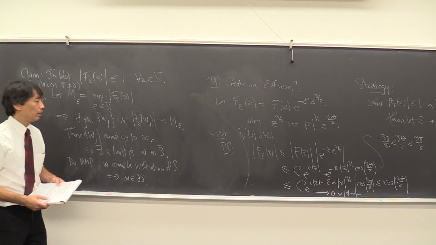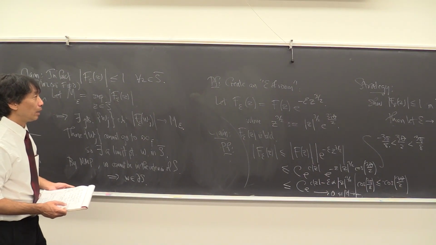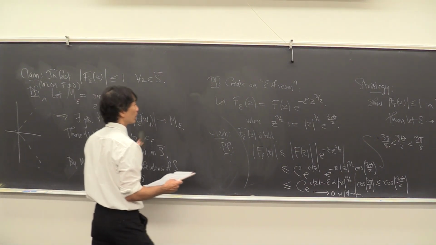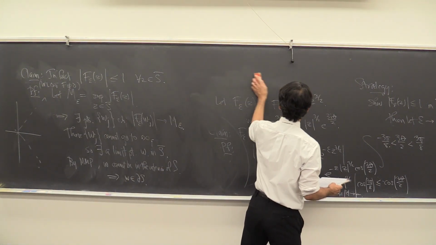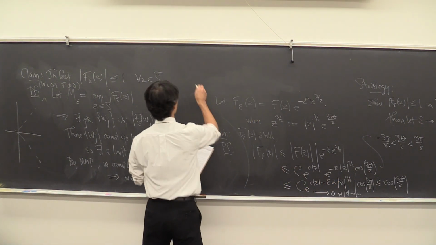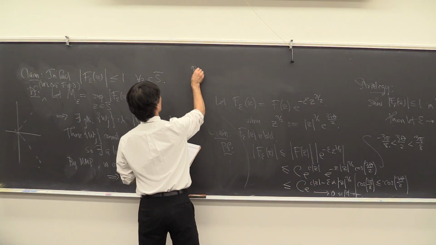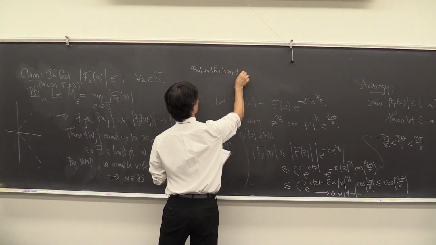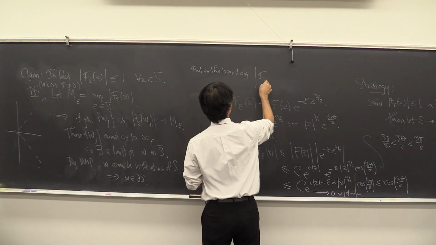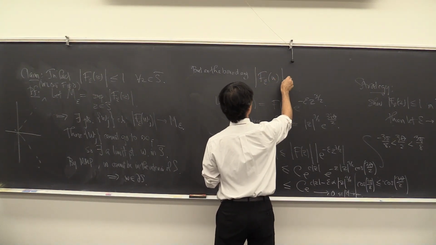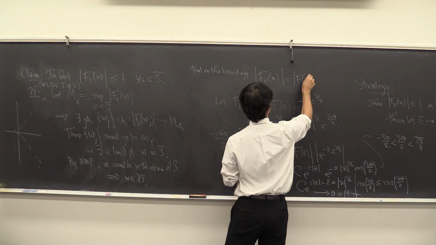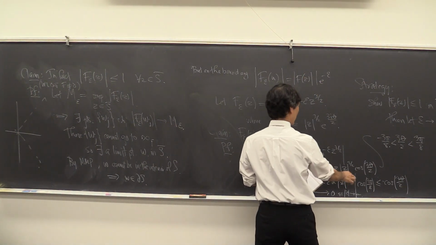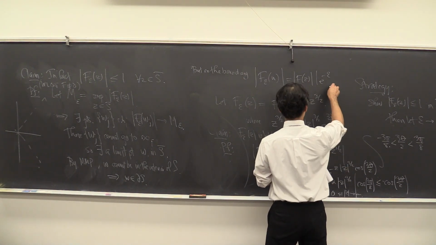Okay. But on the boundary, the size of f epsilon is this thing times the size of this thing, right? Which we already saw here.